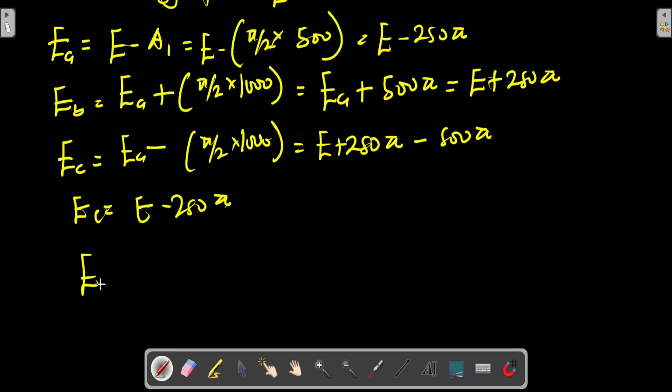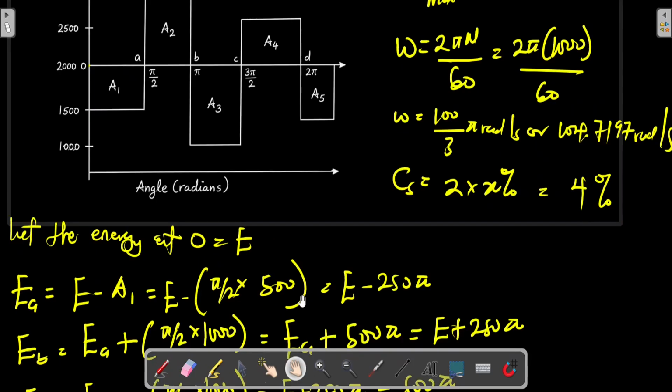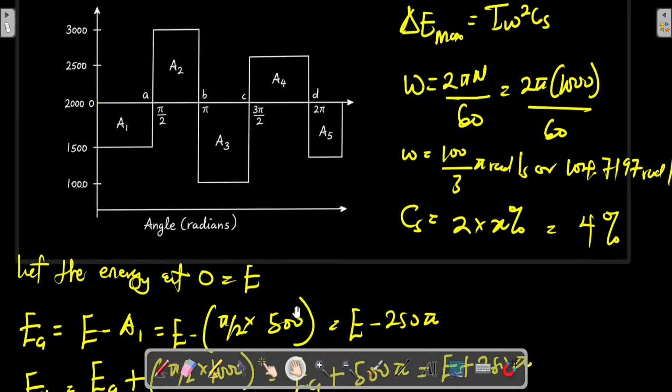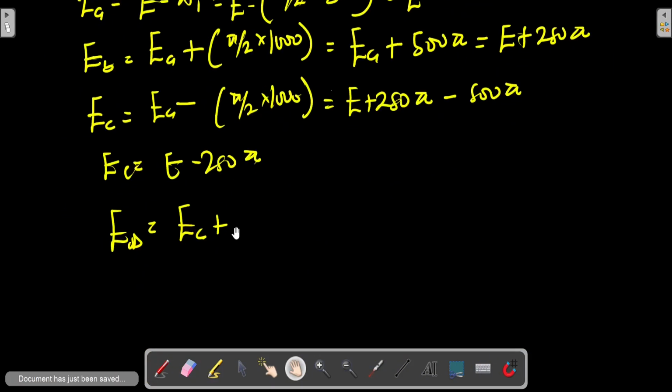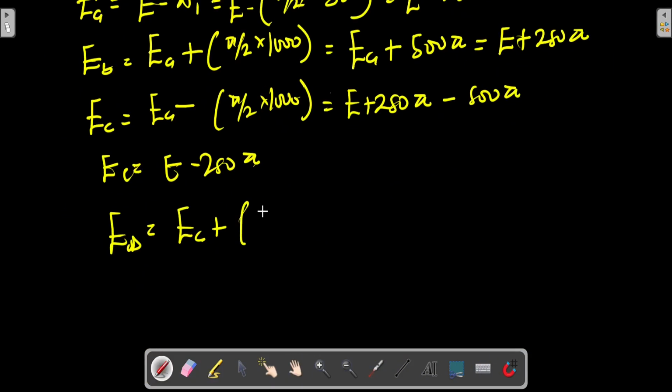So E at D will be E at C plus the area A4, and that is, as I said, 500 times half pi.